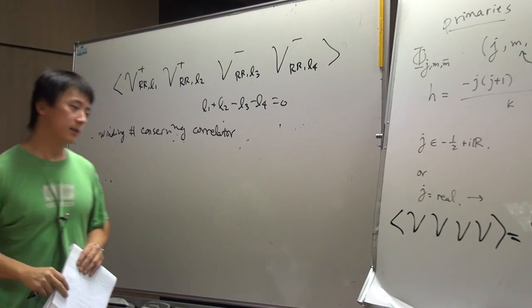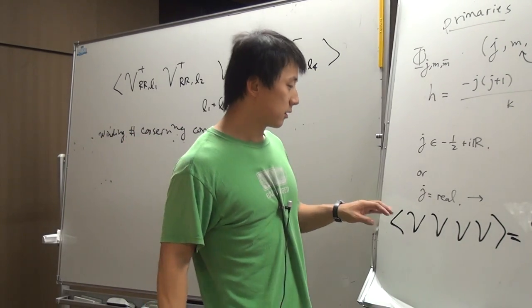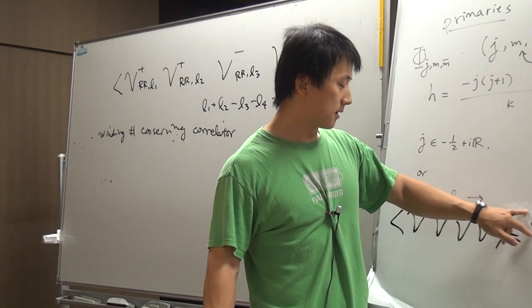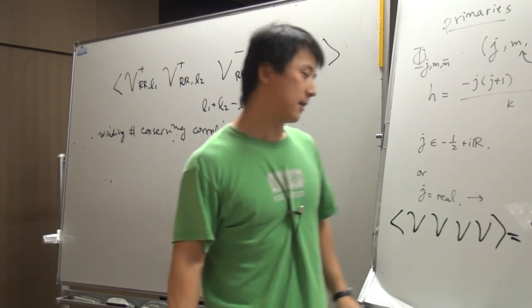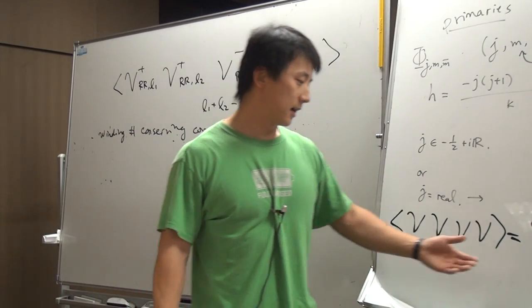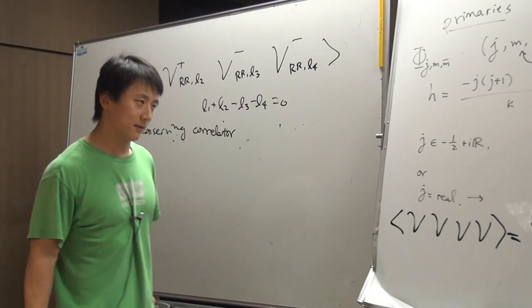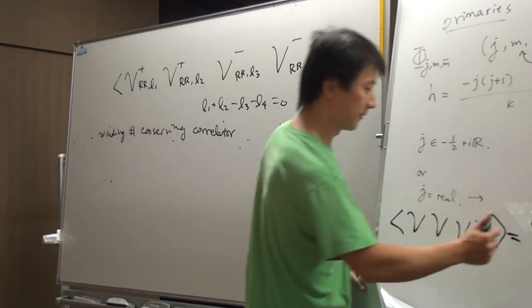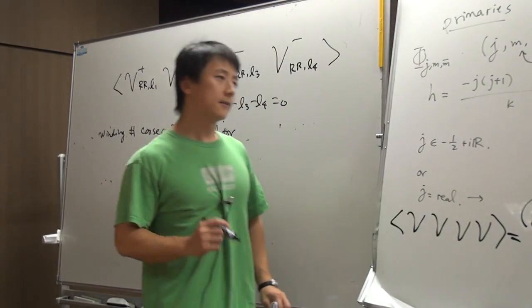Our strategy is that for the winding number conserving correlators of the cigar coset, you can calculate this from the SL2 WZW model primary correlator and divide by the free boson part, which is pretty trivial. But this is still actually fairly complicated.